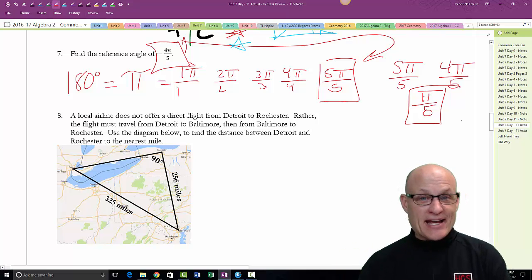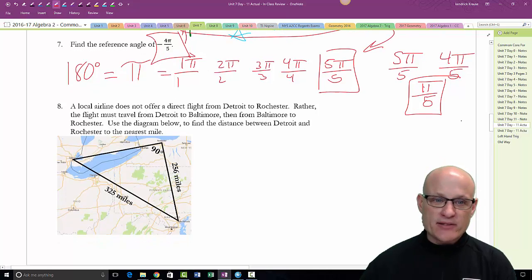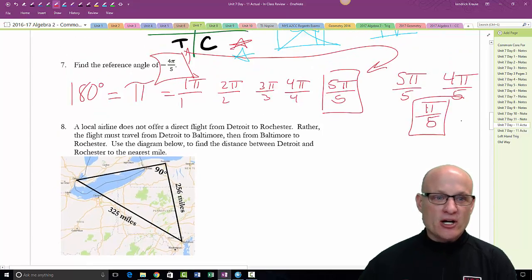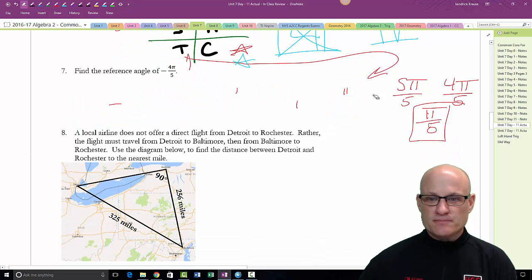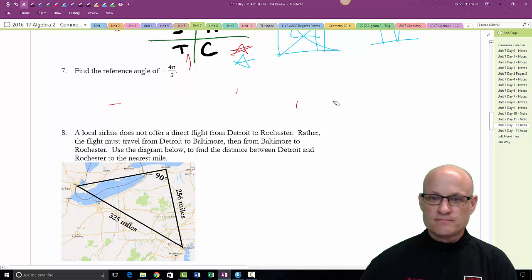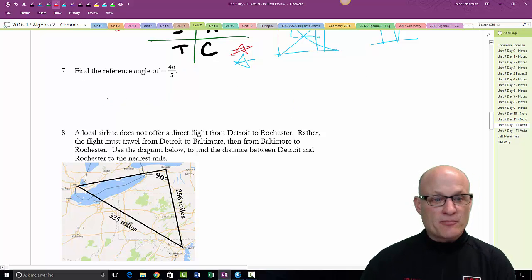For those of you that got that, great. For those of you that didn't, convert it to degrees and change it back. It makes it a little bit more of a hard problem. But let me give you another example because I'm not sure you understood that one. Remember that your reference angle has to be less than 90 degrees.